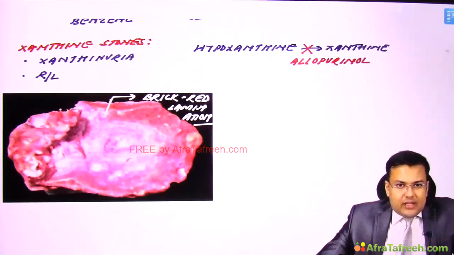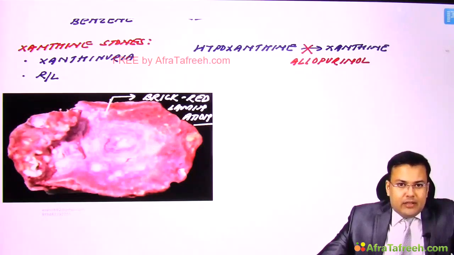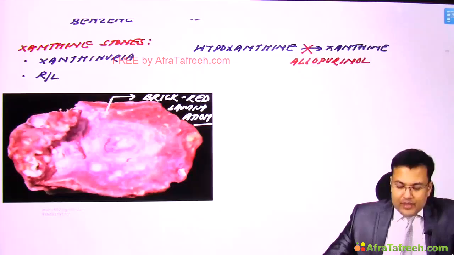Nowadays in exams, drug induced stones are also asked. Like suppose somebody is taking triamterene. Triamterene is a potassium sparing diuretic, and because of excessive intake of triamterene there is formation of radiolucent stone. Suppose an HIV positive patient is taking a protease inhibitor, indinavir. Because of excessive intake of indinavir also there is formation of radiolucent stone.